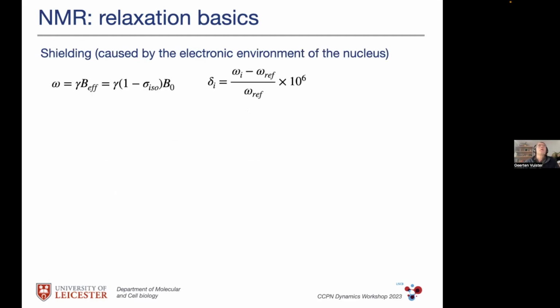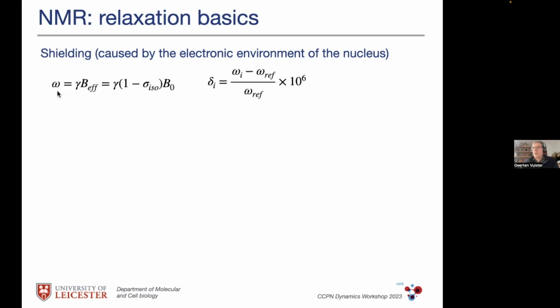So the second effect that causes relaxation is the so-called chemical shift anisotropy. And what is that? Well, we all know that the electrons of the nuclei that we study cause the effective field to be slightly different from the magnetic field that we have applied. So B0 is the magnetic field that we have in our magnet, and it's shielded by this shielding constant sigma over here, giving us an effective field, giving us an effective frequency.